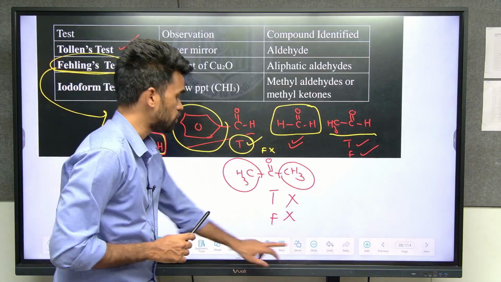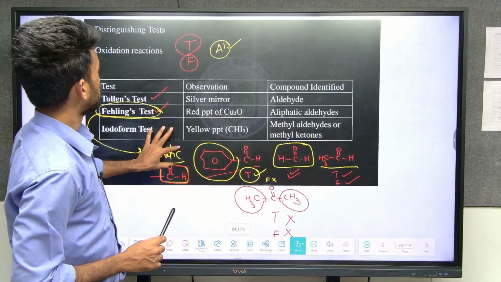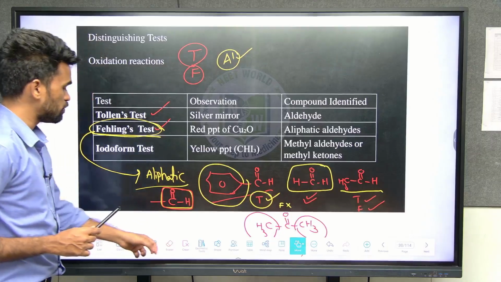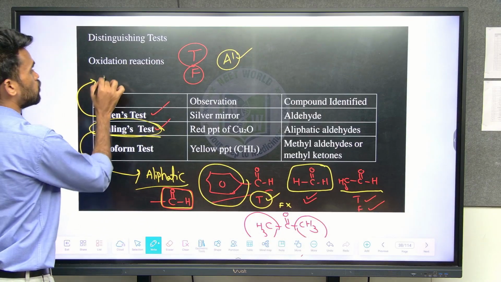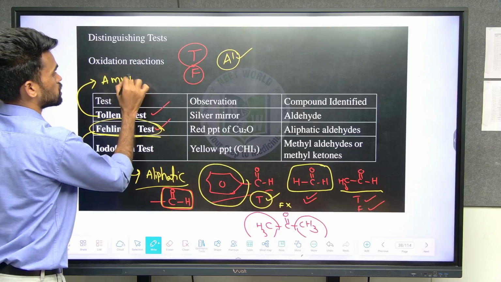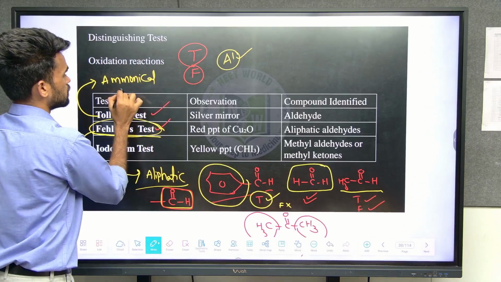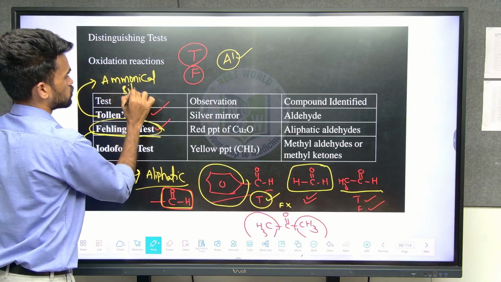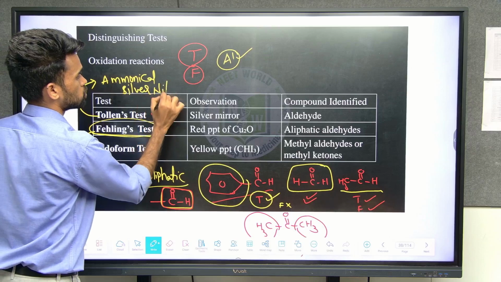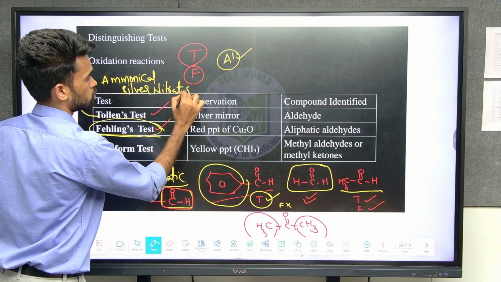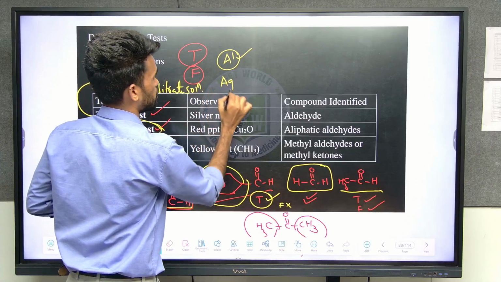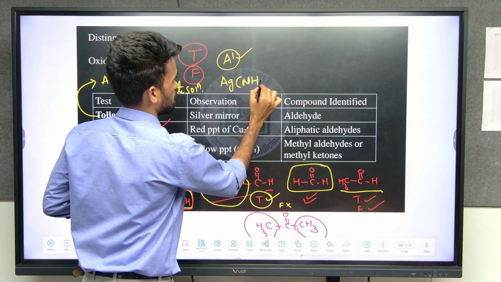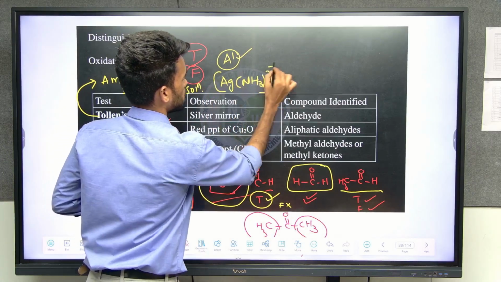So now, what do we mean by Tollens reagent? Tollens reagent means ammoniacal silver nitrate solution. It can also be represented with a simple complex, Ag(NH3)2 plus OH minus.